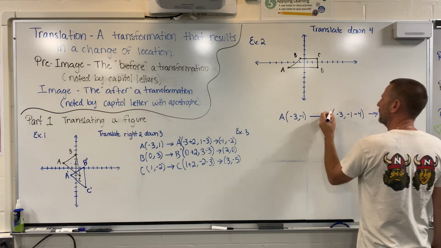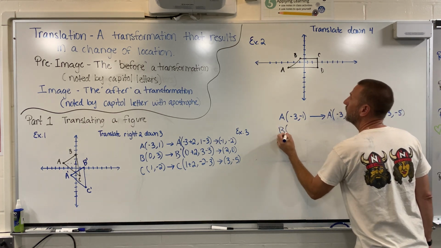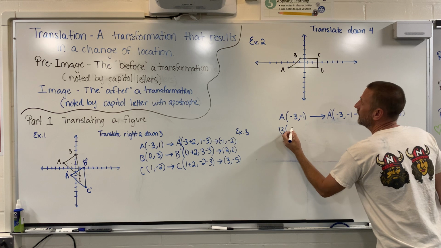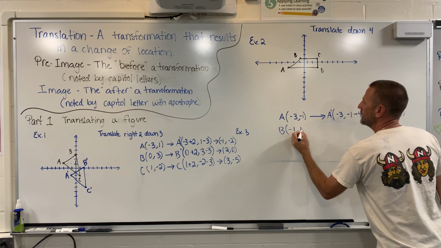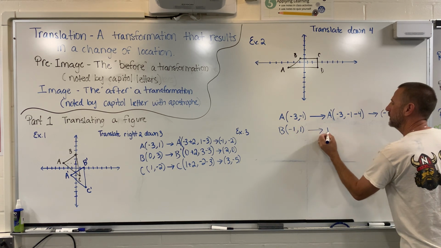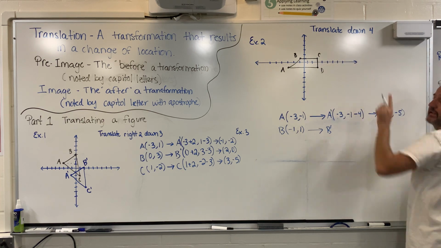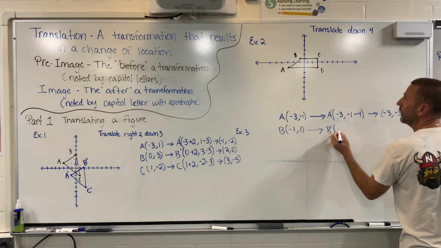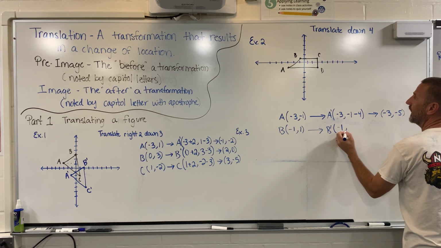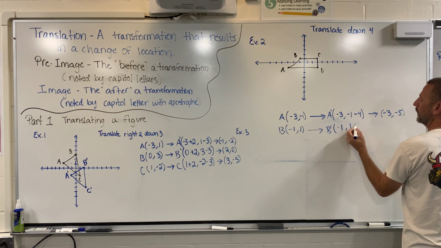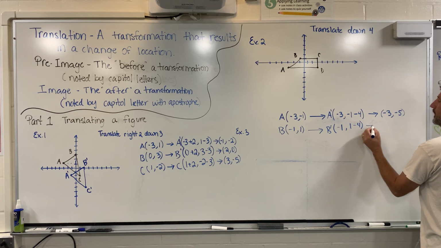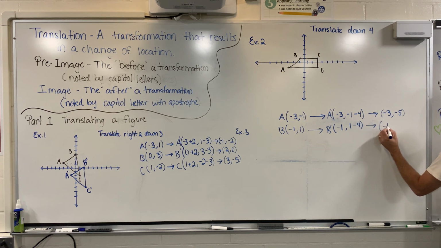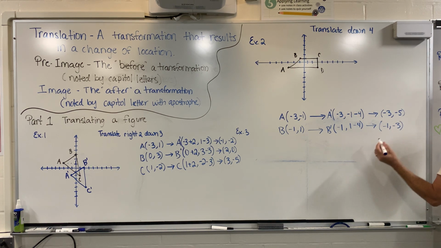And then my second one, my B value, is at -1, +1. And again, because I'm only translating down and not left and right, all I gotta do is change the second value only. So the -1 will stay, the +1 will move down 4, giving me -1, -3.